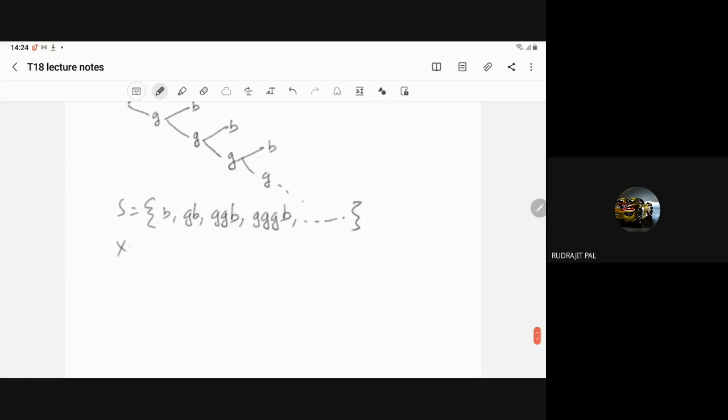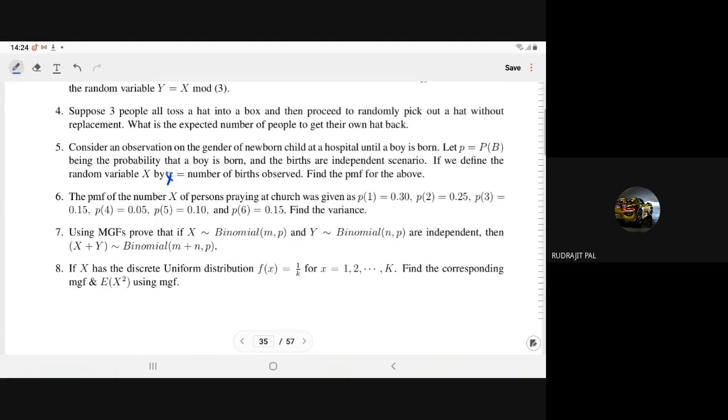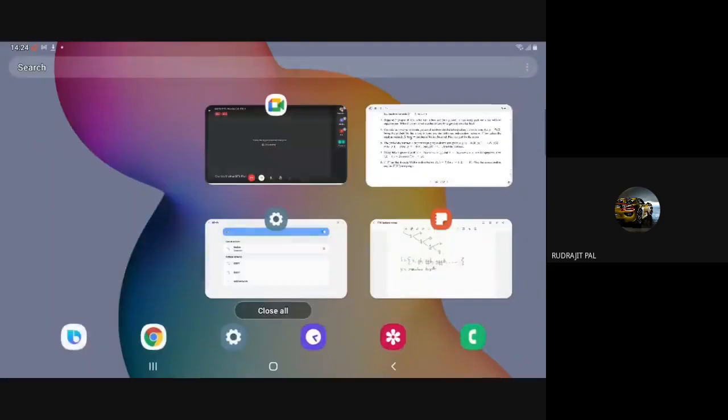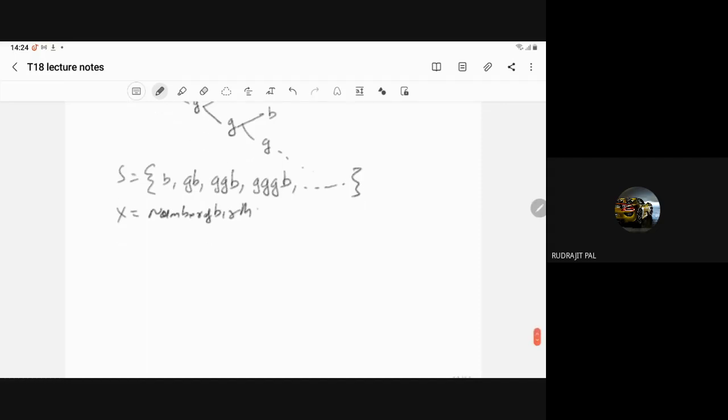Now, when I define X as the number of births, from the sample space you can note that it is either only one birth, because the first one is a boy, or here we have two children, here three children, here four children, and so on.